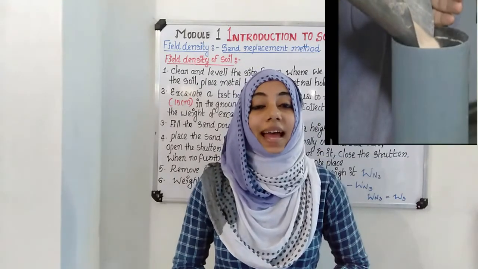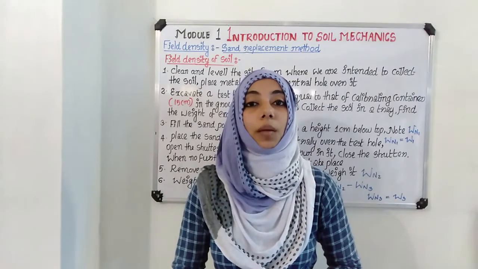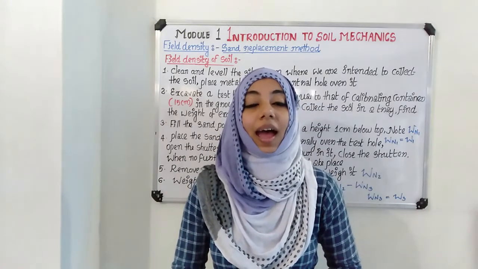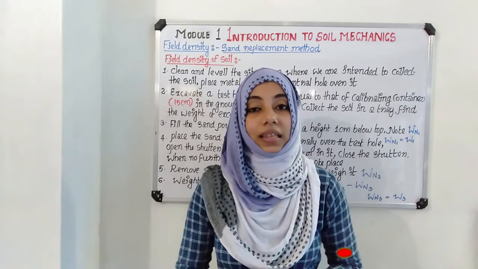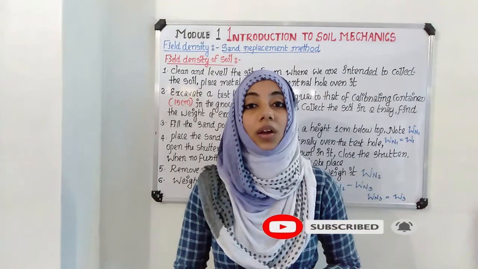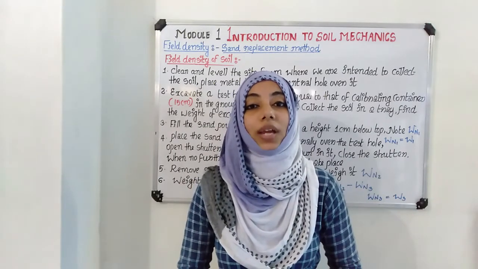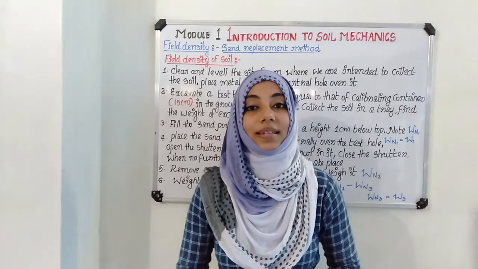Fill the sand pouring cylinder up to a height 1 cm below the top and weight is taken. This new weight is termed as WN1, which is equal to the weight W1 that we have calculated previously.